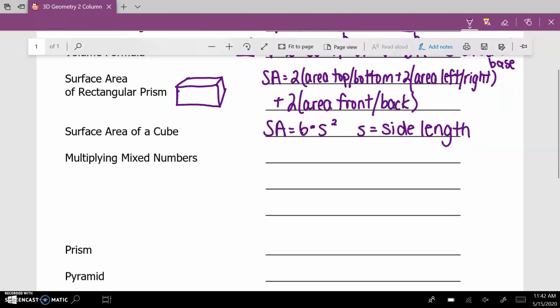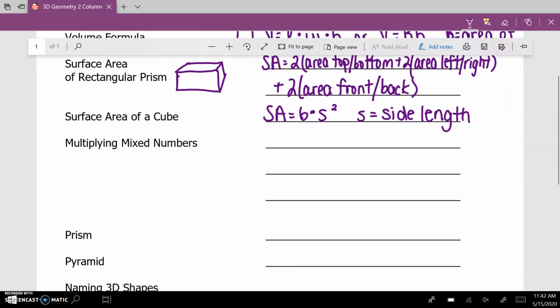Then there will be some questions where there's mixed numbers, so multiply mixed numbers, say like 2 and 1/2 times 3 and 1/4. Step 1, turn into improper fractions.